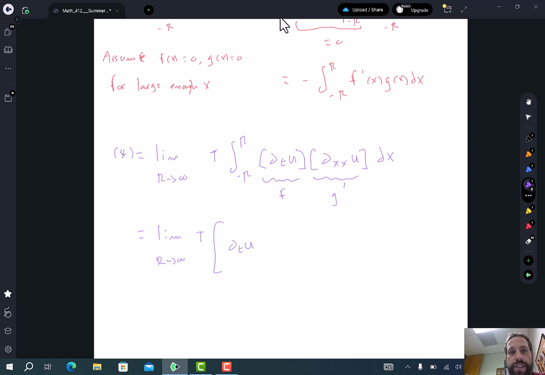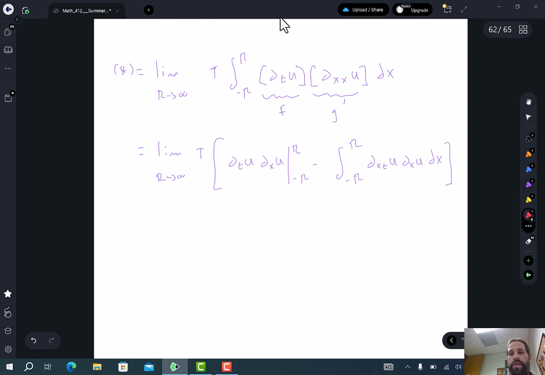If g prime is the double x derivative, this just means that g is going to be the single x derivative, and we're evaluating this from minus r to r, and then it's going to be minus the integral from minus r to r. So now I'm going to put the derivative onto f, which means I'm going to put the partial derivative onto my f. So this is going to become the mixed partial derivative, partial x, partial t of u, times partial x of u dx.